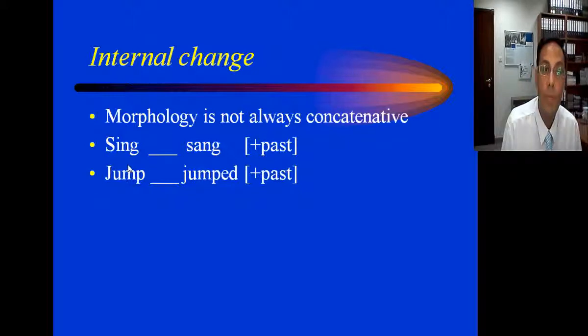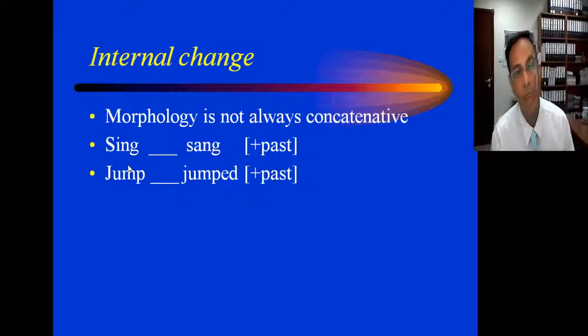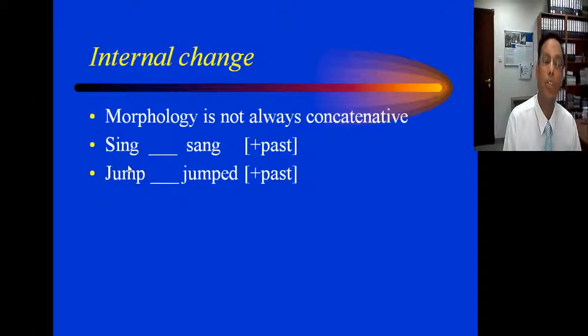We change the vowel, so it is internally changed: sang. Jump, jumped, they are different. So this kind of structure is called internal change. It is not the regular case for all morphemes. So sometimes we have internal change in the root itself.